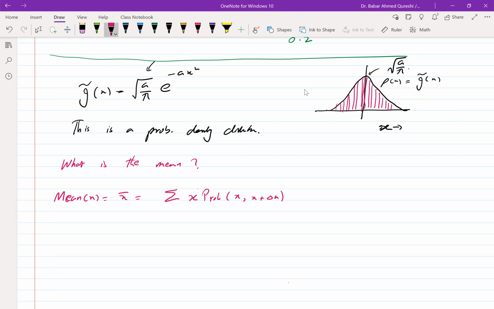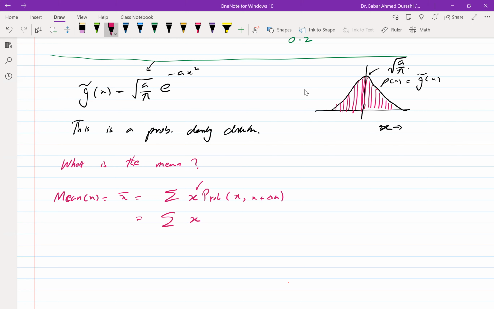And you take this value in each of the bins, and you then ask what is the probability of being there, so you multiply it with the probability. And then sum over all possible values of x.